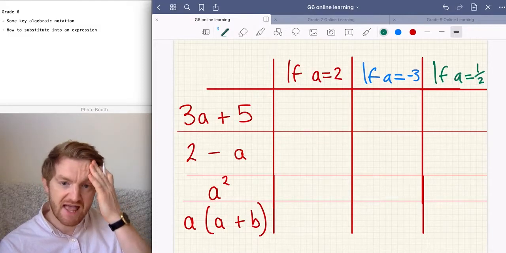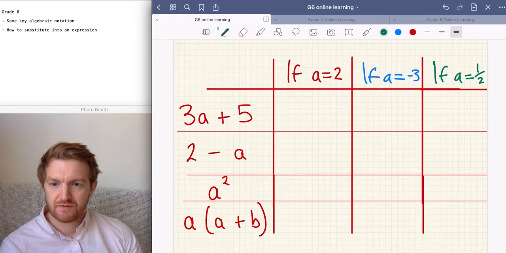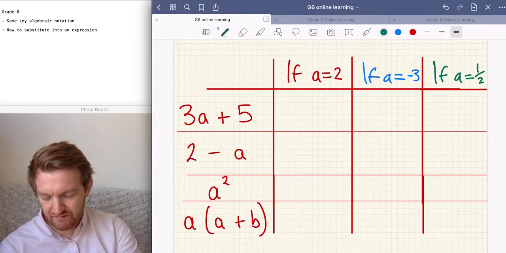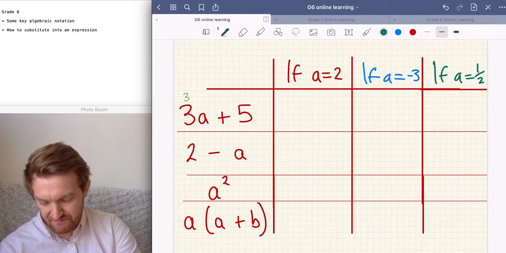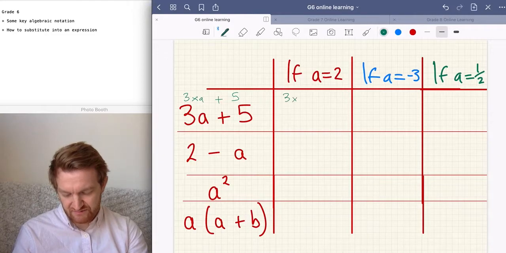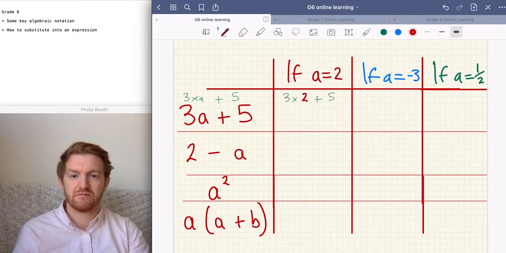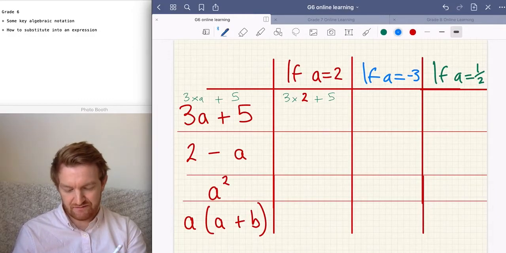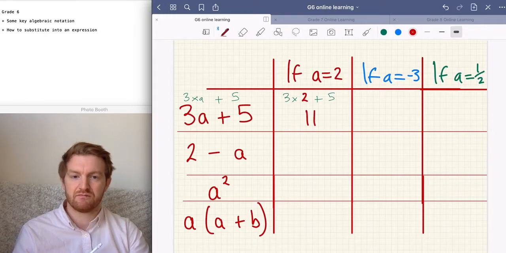Let's start off with this first one. We've got 3a plus 5. So I know that's going to be 3 times a plus 5, and a in this case is 2. 3 times 2 is 6, plus 5, the total would be 11.